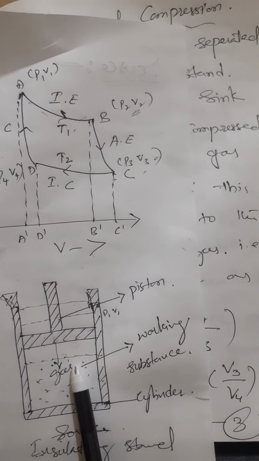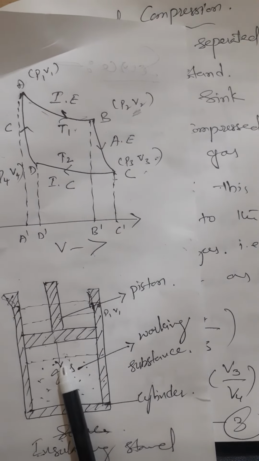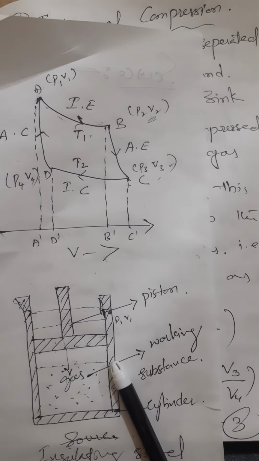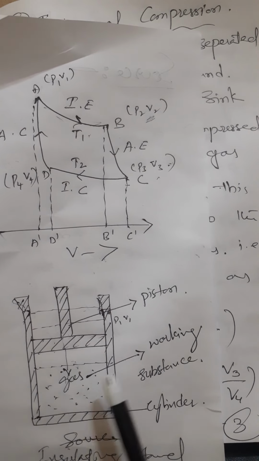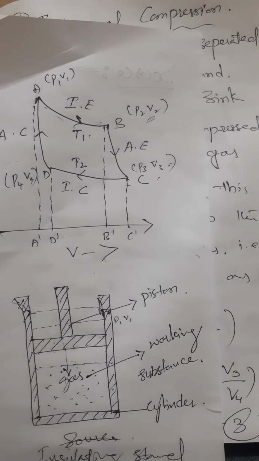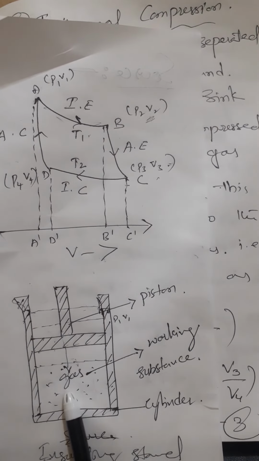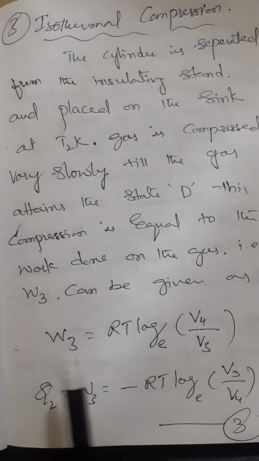So the third work done is work done on the gas. Initially, the first two were work done by the gas, in isothermal expansion and adiabatic expansion. Now the piston is moving downward, so we have to calculate the work done on the gas.